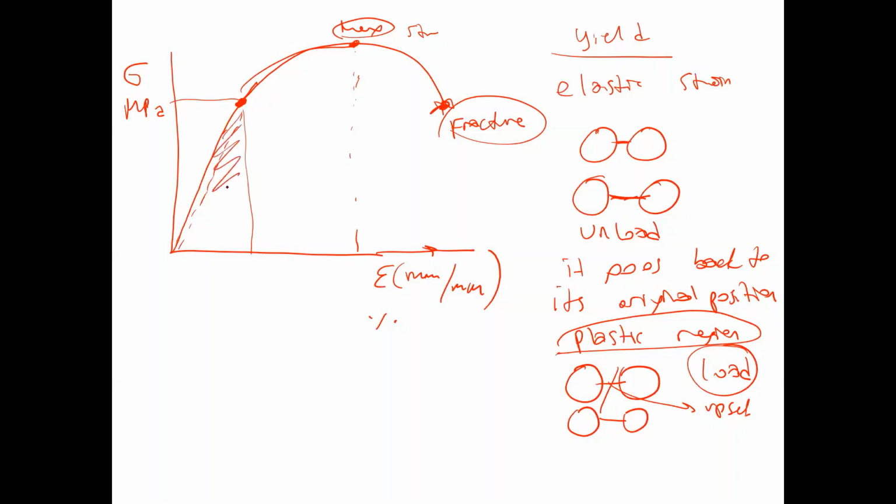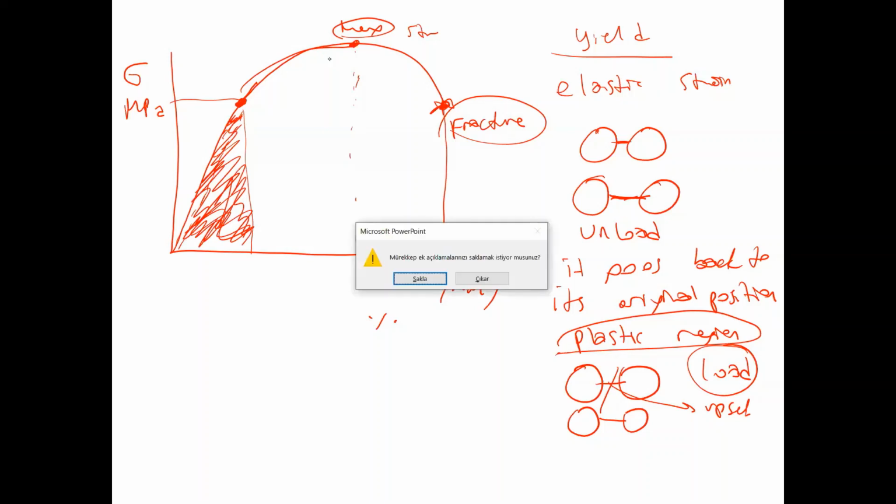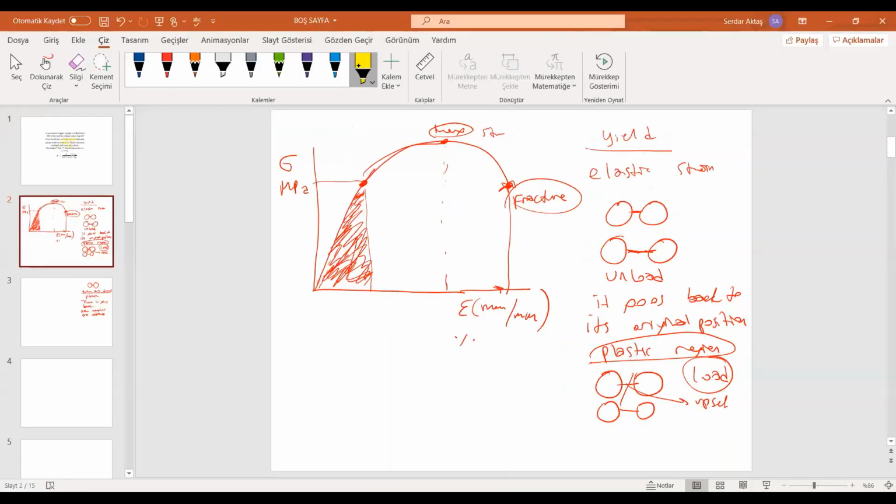And what is the name of this area? Elastic region. No. This specific one. Toughness. Actually, toughness is here.